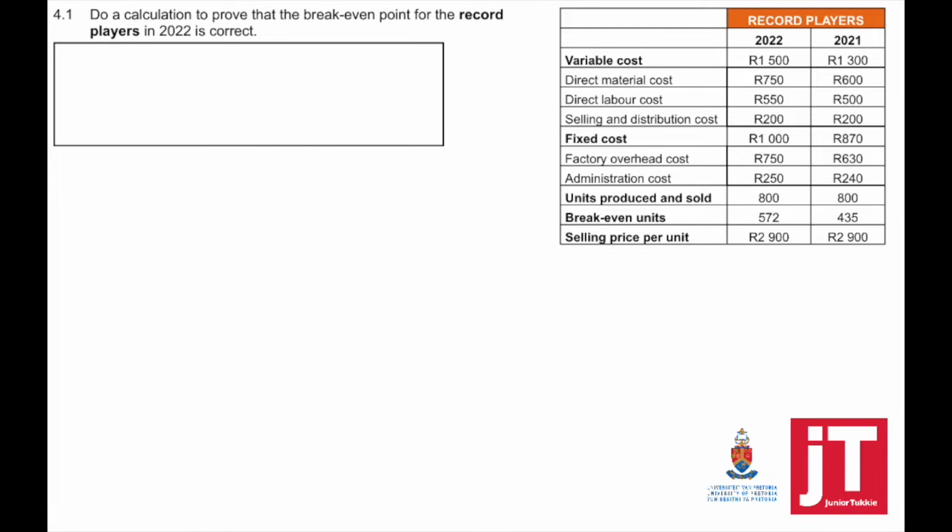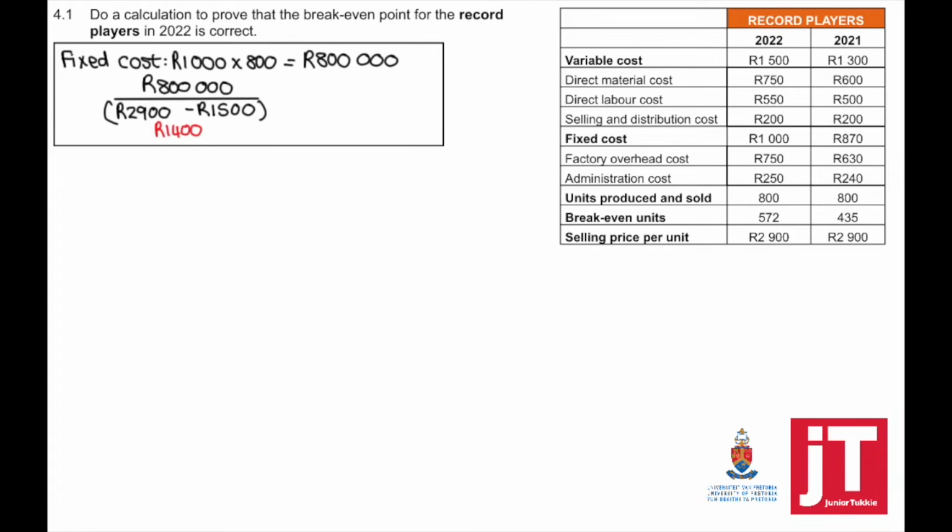So to calculate the break-even point, you have to first calculate the total fixed cost. Remember, all of this is in units. So we first need to find out what is the total fixed cost by taking fixed cost, 1,000 per unit, times the number of units.